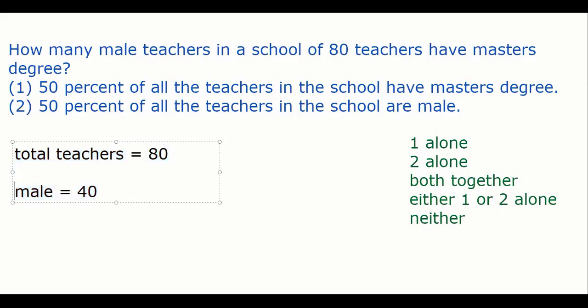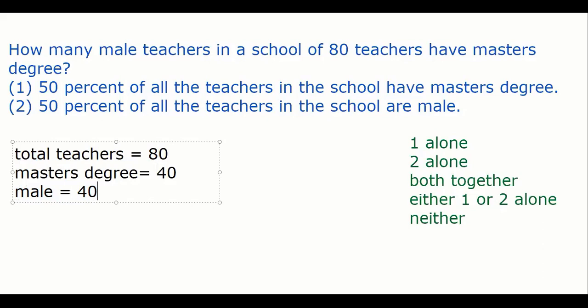Now we'll do 1 and 2 together. 1 and 2 together, one says 50% teachers have master's degree. So out of 80, 40 have master's degree. Statement 2 says 50% of all teachers in the school are male.